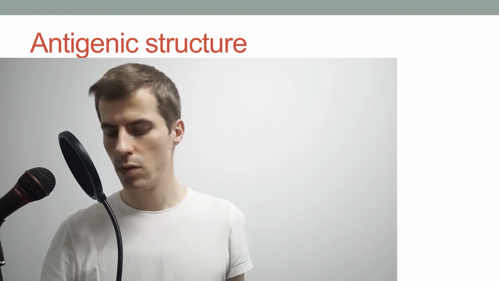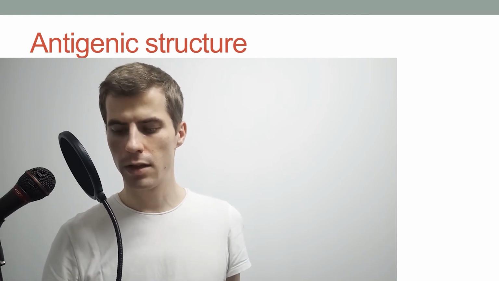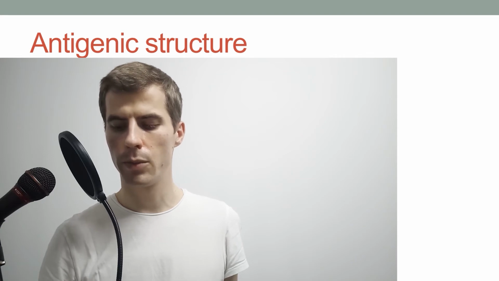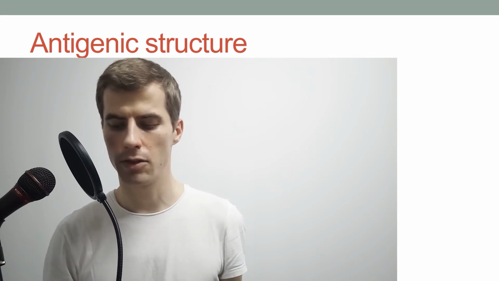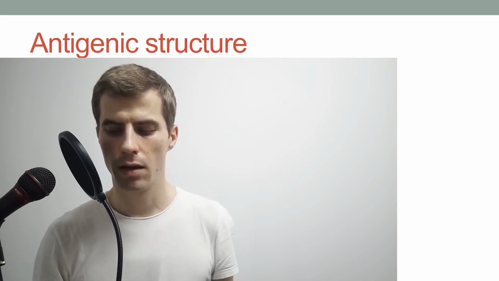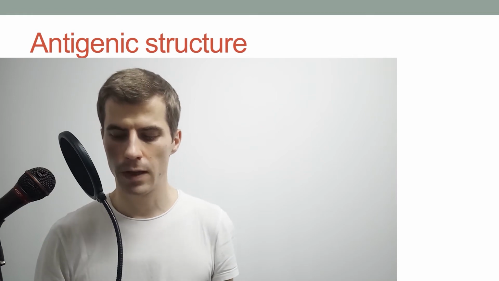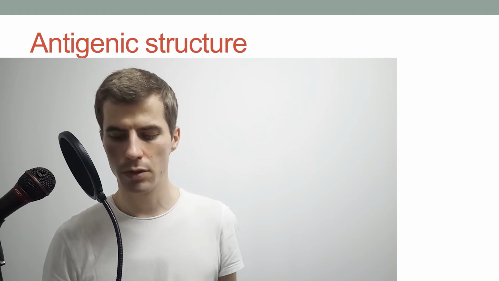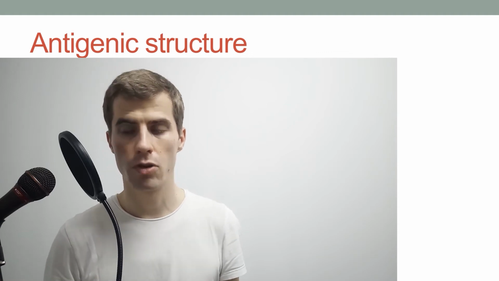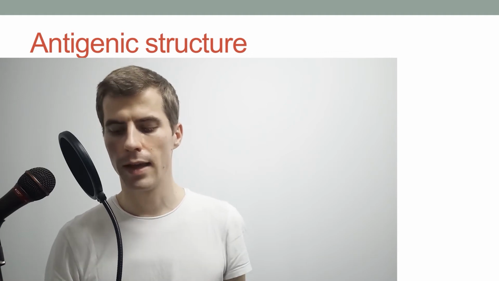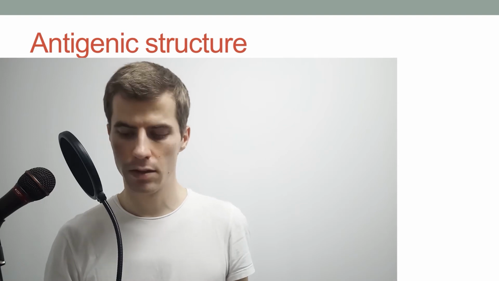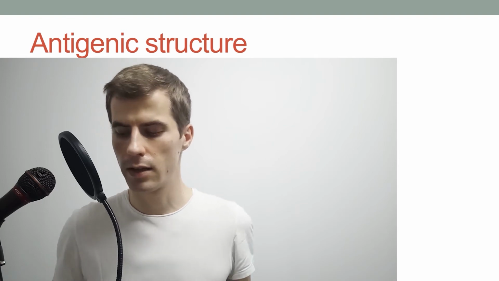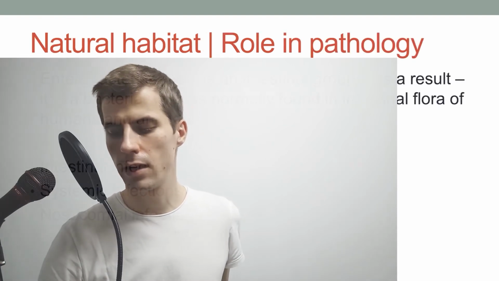The majority of them have flagella, so the majority of them will have the H antigen, the flagellar antigen. Also some of them do have a capsule, some of them don't. The K antigen shows the presence of a capsule. And whenever we are talking about the Vi antigen, it is about the Salmonella capsule, the capsule of the Salmonella genus.